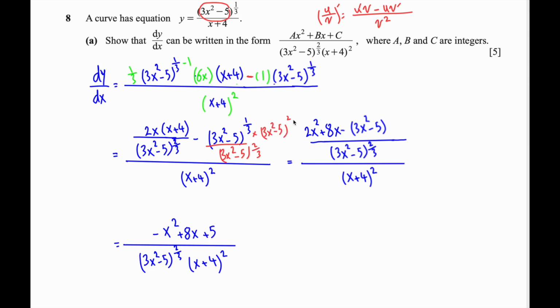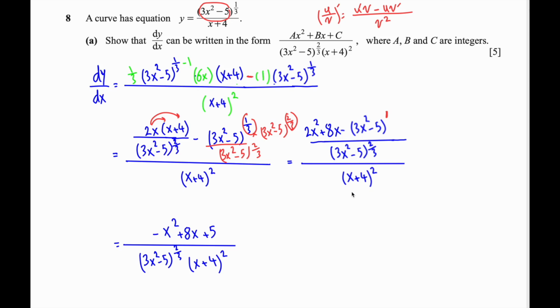After I do that, if you look over here, these two terms are exactly the same. Add the powers together, 1, and that's what I got here. Don't forget to put the negative. Also here, you just have to expand the bracket, which results in 2x squared plus 8x, and the whole thing has to be divided by (x plus 4) squared.